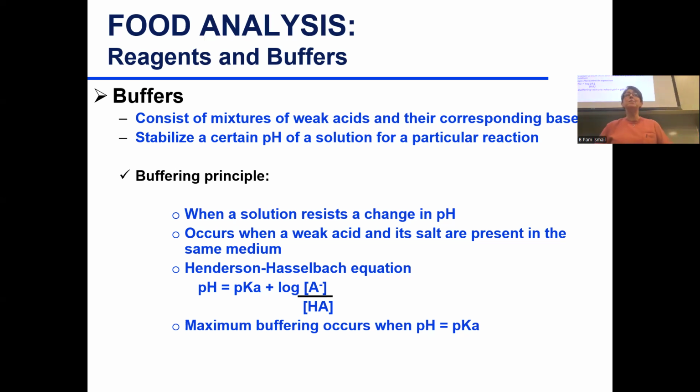Okay. And it's the maximum buffering capacity. I want you to remember this Henderson-Hasselbalch equation. It's not very hard to remember if you know the definitions, and you will need it for calculating buffers, how to prepare buffers. So this is something you need to learn, okay? You remember. All right.